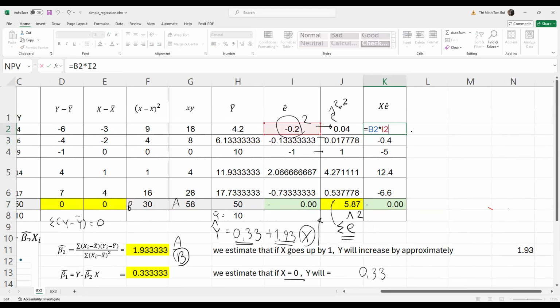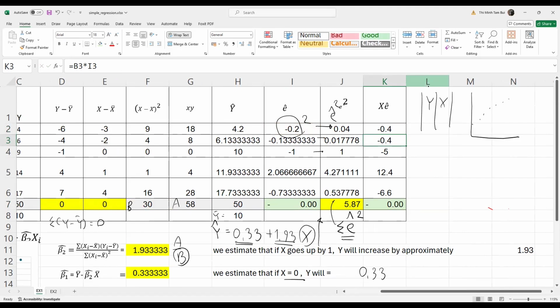Okay, so before we break for a while, I will summarize what we found so far. First, after we have the data, we plot the data and build the line we call OLS.